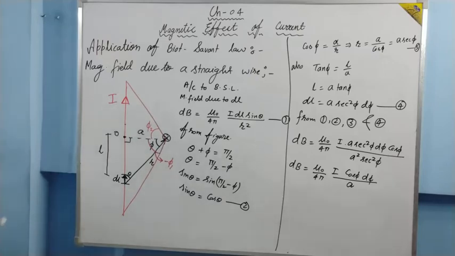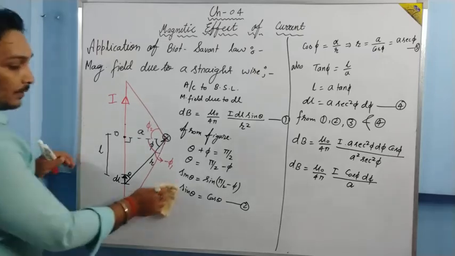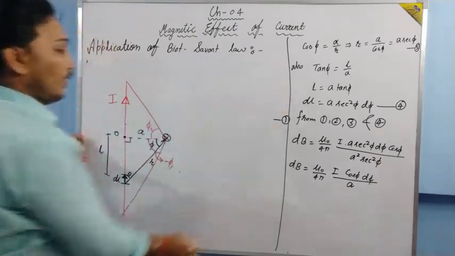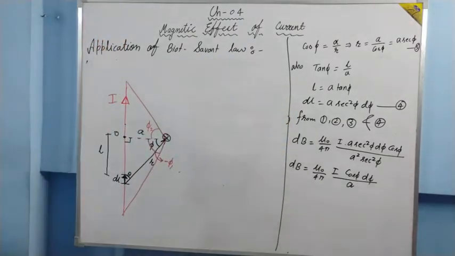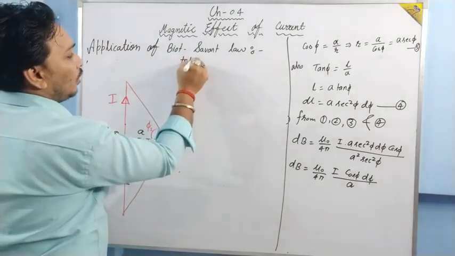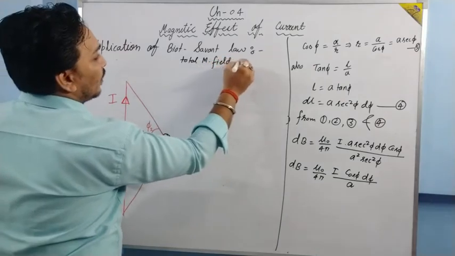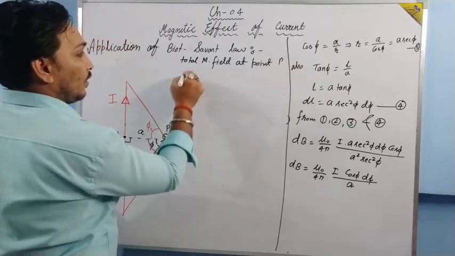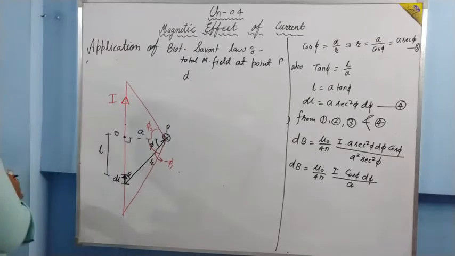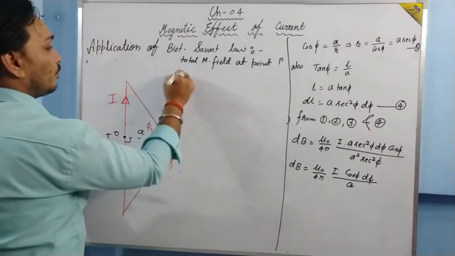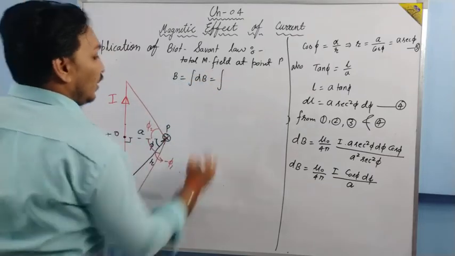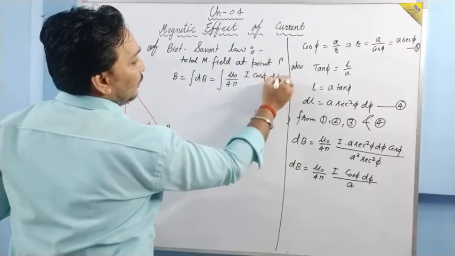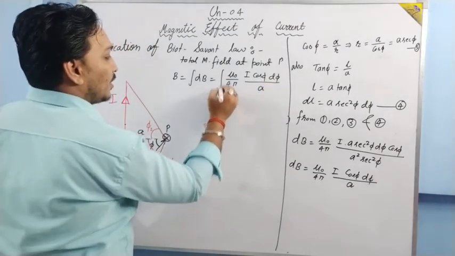So what will we say? Now I have to remove this. Now I will say that the total magnetic field at point P, let this point be P, is B is equal to integration of dB, which is integration of mu naught upon 4 pi I cos phi d phi upon A, with limits from minus phi 1 to phi 2.